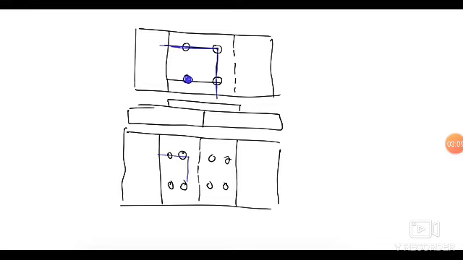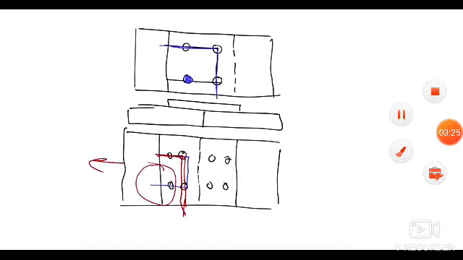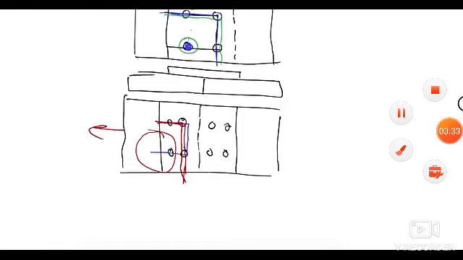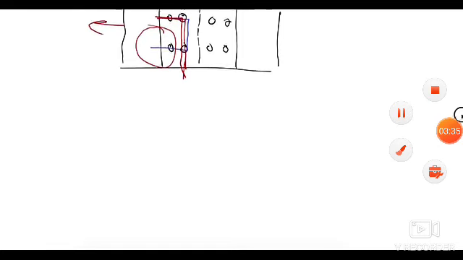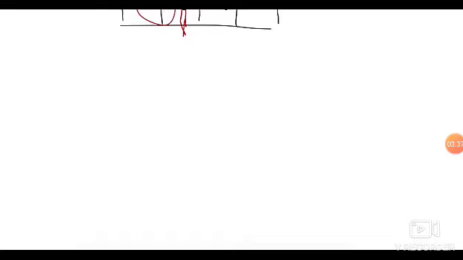A failure can happen on this surface as well as on this surface. These are the two possible failures. If the failure also happens on the right one, then this part of the plate will be separated from the rest. Whereas in the case of the lap joint, it was not happening, because this bolt is still connecting the plate. So you should always try to find all the possible ways of block shear.